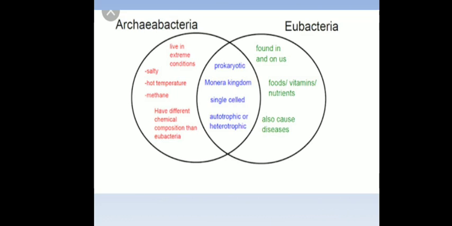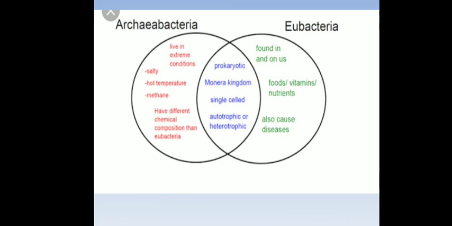And outside the circle in the red color we can see the differences of archaebacteria, meaning they live in extreme conditions like salty, hot temperature and methane, and have different chemical composition than eubacteria.